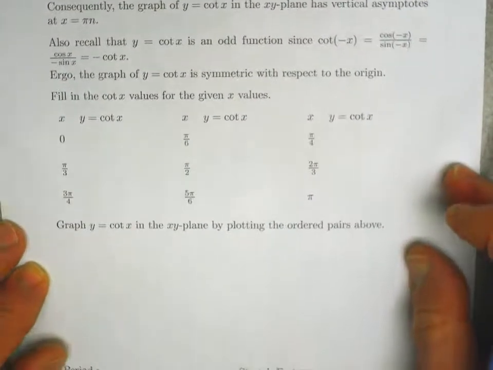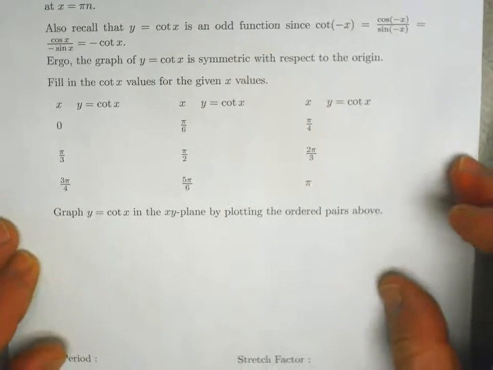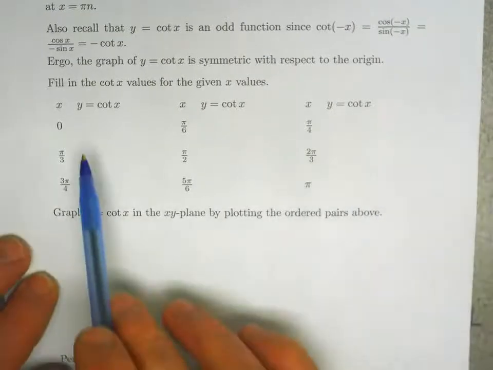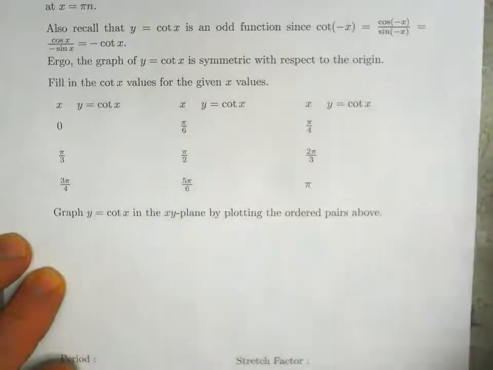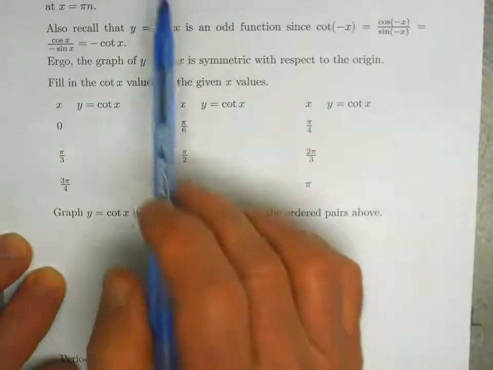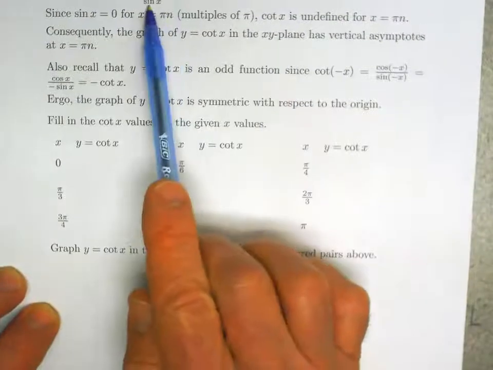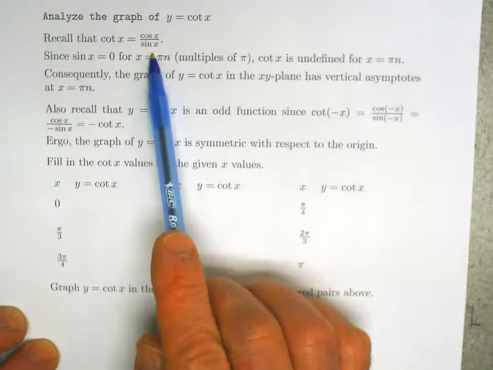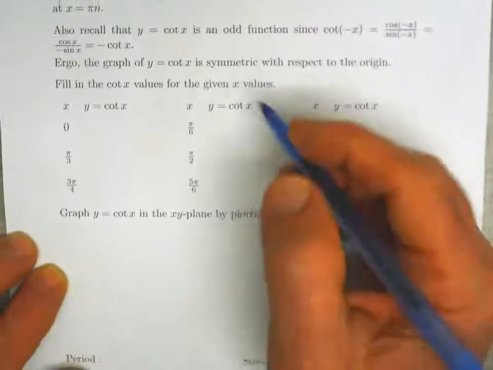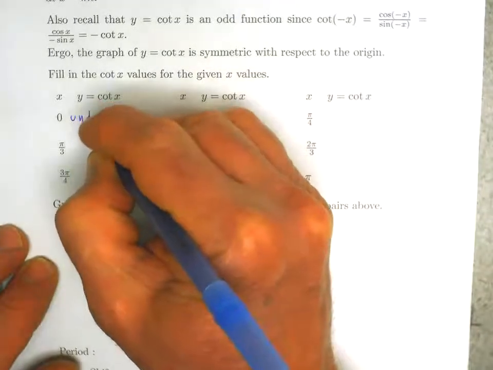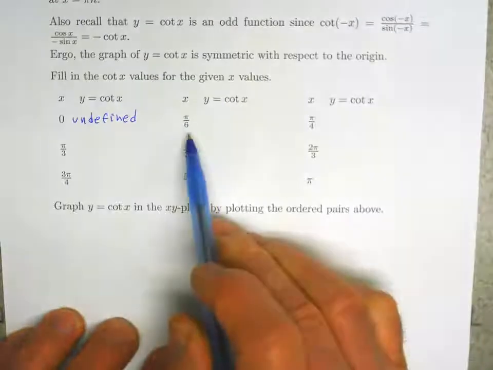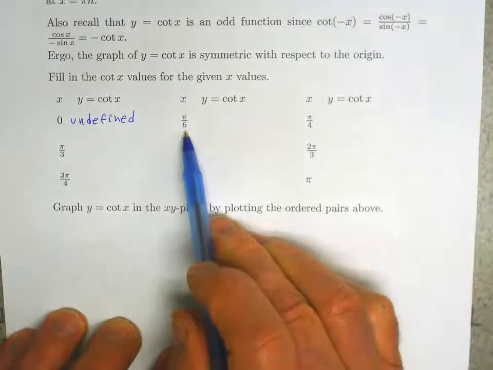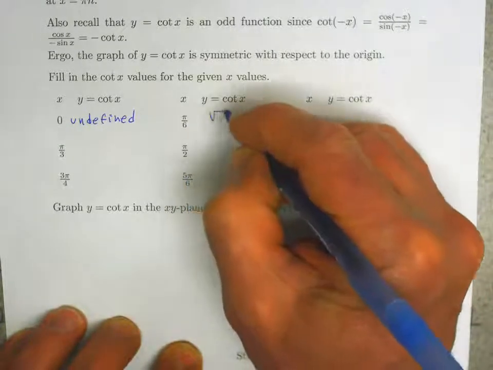Okay, we'll fill in a few values for y equals cotangent of x. When x is 0, cotangent of 0 is undefined. Remember, the denominator sine of 0 is 0 when x is 0. Cotangent of pi over 6, well, that's the square root of 3.